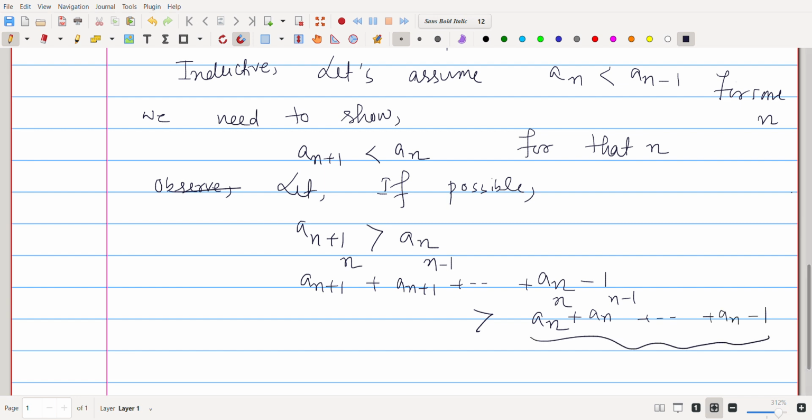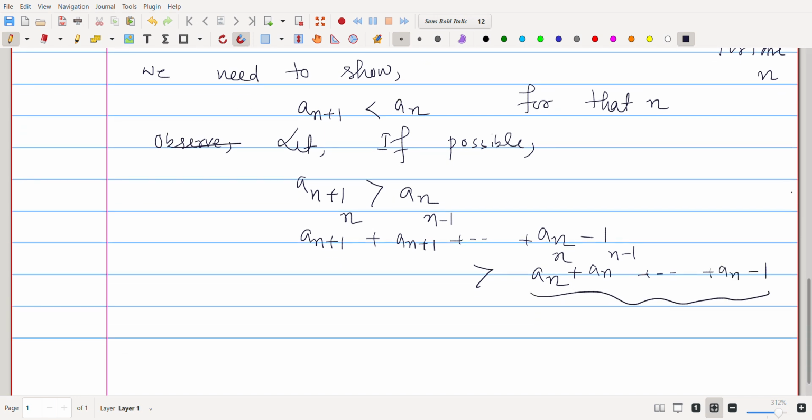Now this is 0 because a_n is the root of that equation x^n + x^(n-1) + ... + x - 1, right? So that means this is 0. So we have a_(n+1)^n + ... + a_(n+1) - 1 is greater than 0.